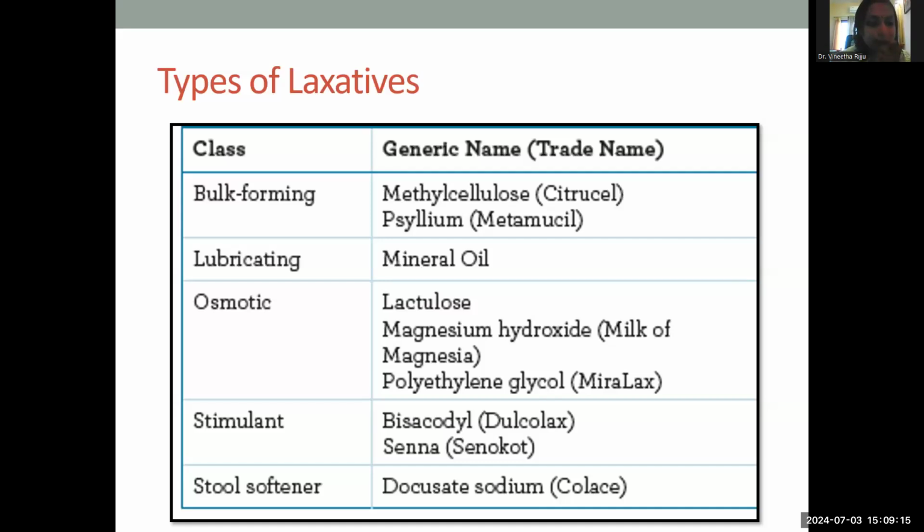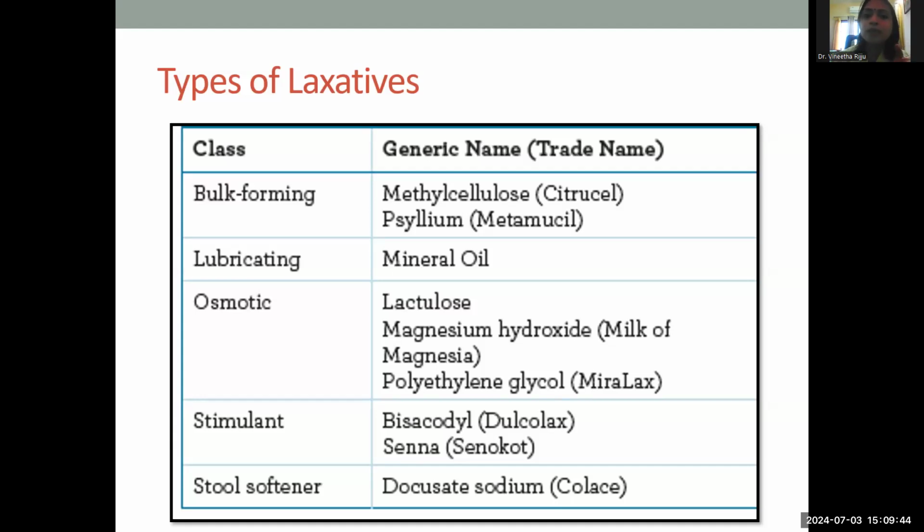Okay. And bulk forming laxatives and lubricating laxatives like mineral oils. Now castor oil and all that used to be used before, but sometimes there is a chance of aspiration. So as much as it is cheap and readily available, we do not often use castor oil nowadays, because there is a risk of aspiration.